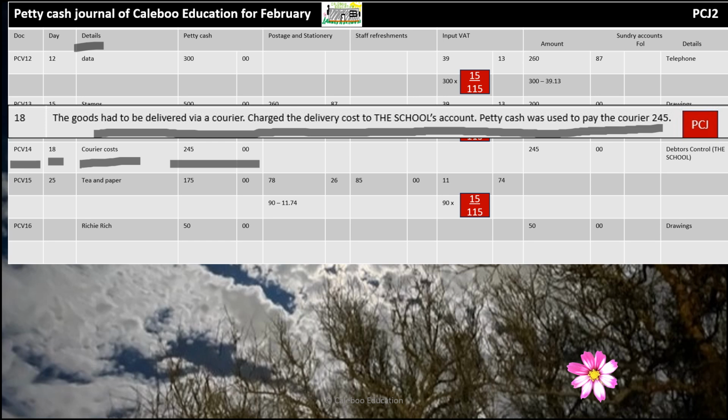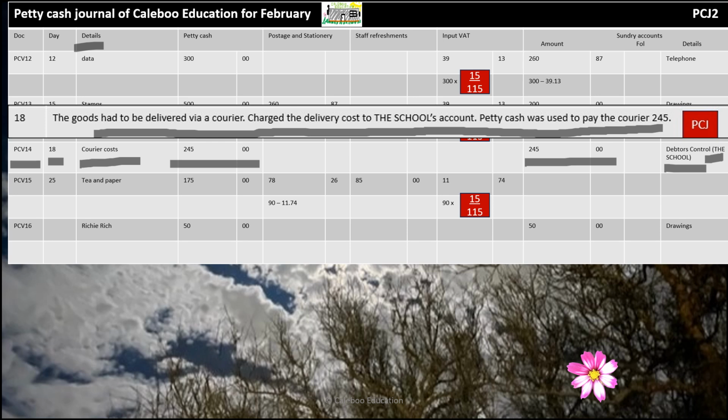245, and this was charged to the debtor's account, and our debtor was the school. They have an account with us. They're going to pay for the delivery of the stock that they purchased, and the amount was 245. So this has actually been included in a sale to the school.